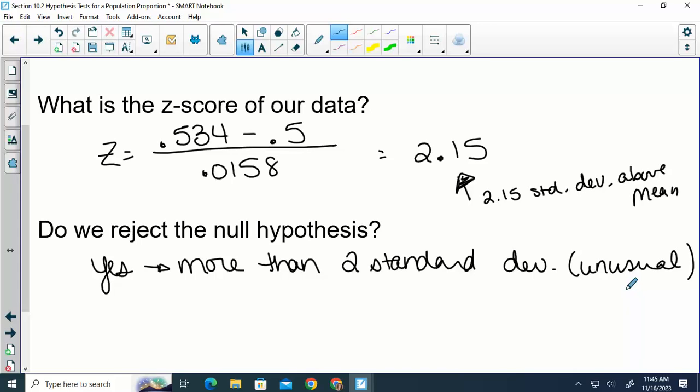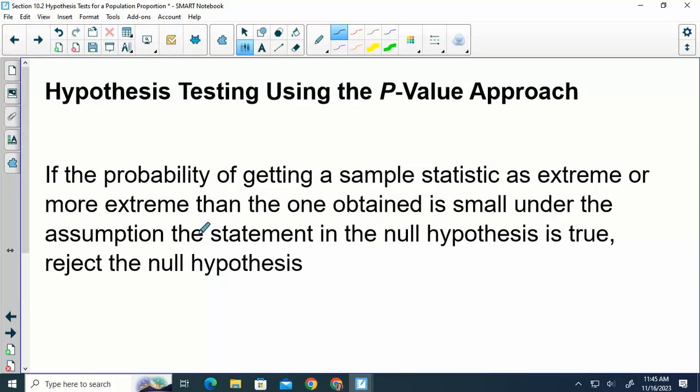So let's talk about the other way to do it, the p-value approach. So p-value basically starts off the same. We have to check all of our criteria, get our mean and standard deviation, find our z-score, but then we go ahead and get the probability for that z-score from the table. And then usually the problem will give us an alpha level, a confidence level, and if it's more than that, we would decide if we reject or not.